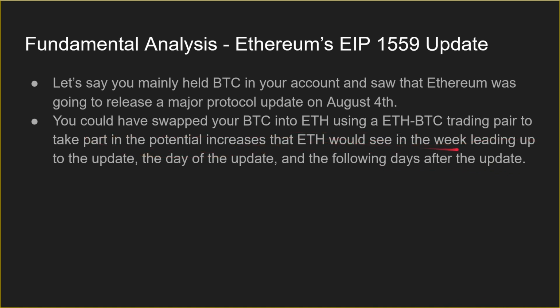Typically we can make the most from the pump leading up to the update. The day of the update, sometimes they fizzle out, right? And if the day of the update fizzles, we usually will see the following days fizzle out as well, maybe some sort of dump, or the market bottoms out and then continues on and produces some sort of recovery.